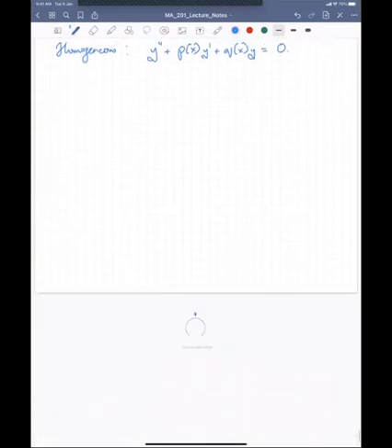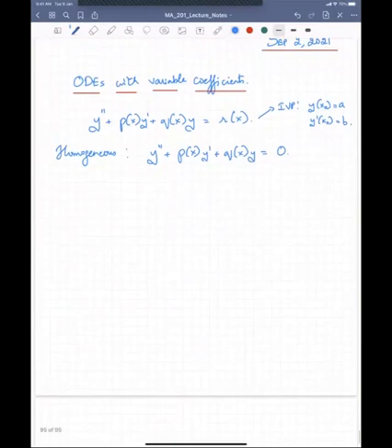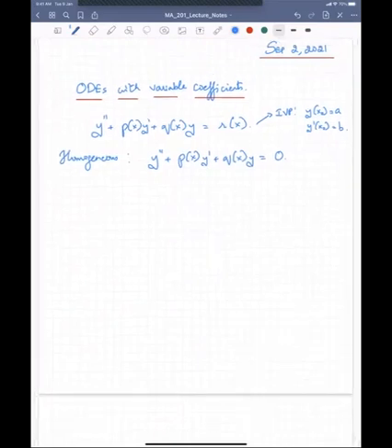So now the question is, by now we know and we have learned a couple of methods to solve these equations if p and q are constants, right? So you guys know how to get the solution for such equations. And now we want to move on to the case of p and q being actual functions of x.